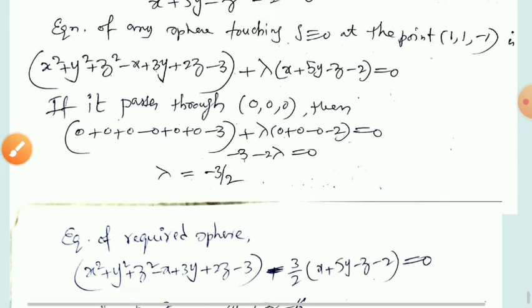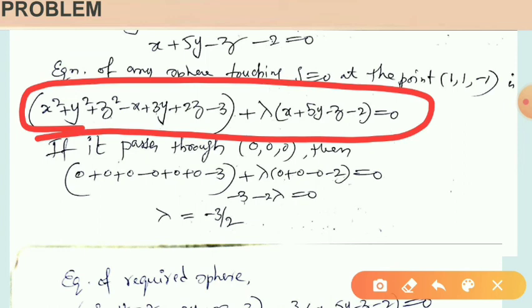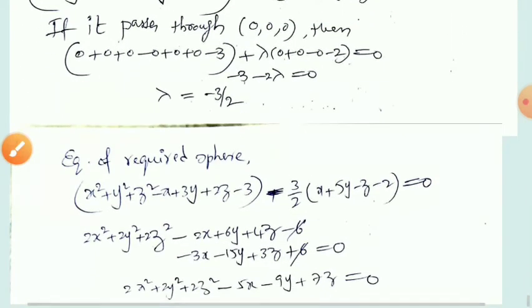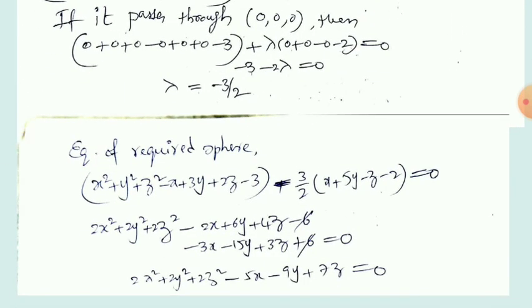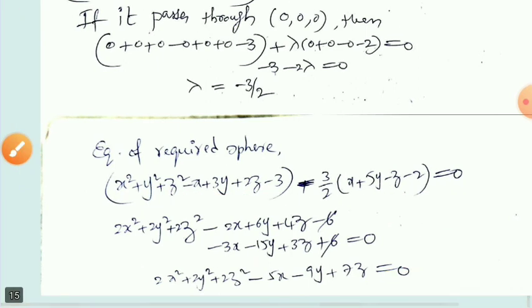By substituting lambda equal to -3/2 and simplifying, we finally get the equation of the required sphere: 2x square plus 2y square plus 2z square minus 5x minus 9y plus 7z is equal to 0. This is the required equation of the sphere.